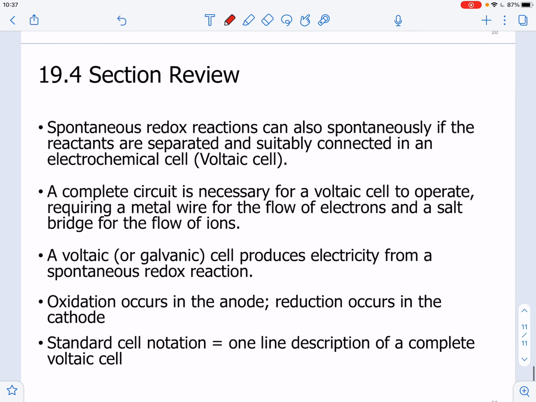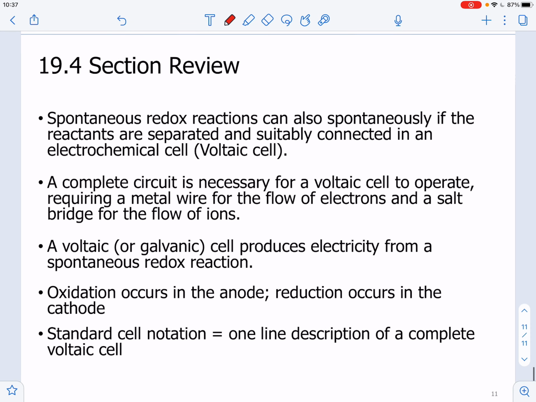Okay, so whenever it comes to spontaneous redox reactions, if you connect them properly, you can harness the electricity out of that reaction. That involves that you are separating the reactants, so that you can harvest those electrons. If you don't separate them, then the transfer will occur directly between the reactants, and then you will not be able to collect those electrons.